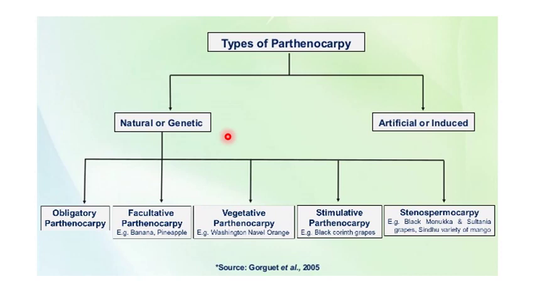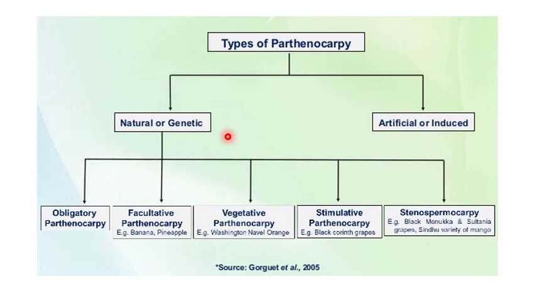Natural or genetic parthenocarpy is also called obligatory when the expression of the parthenocarpic trait is not influenced by external factors, and facultative if it occurs only under adverse conditions for pollination and fertilization.